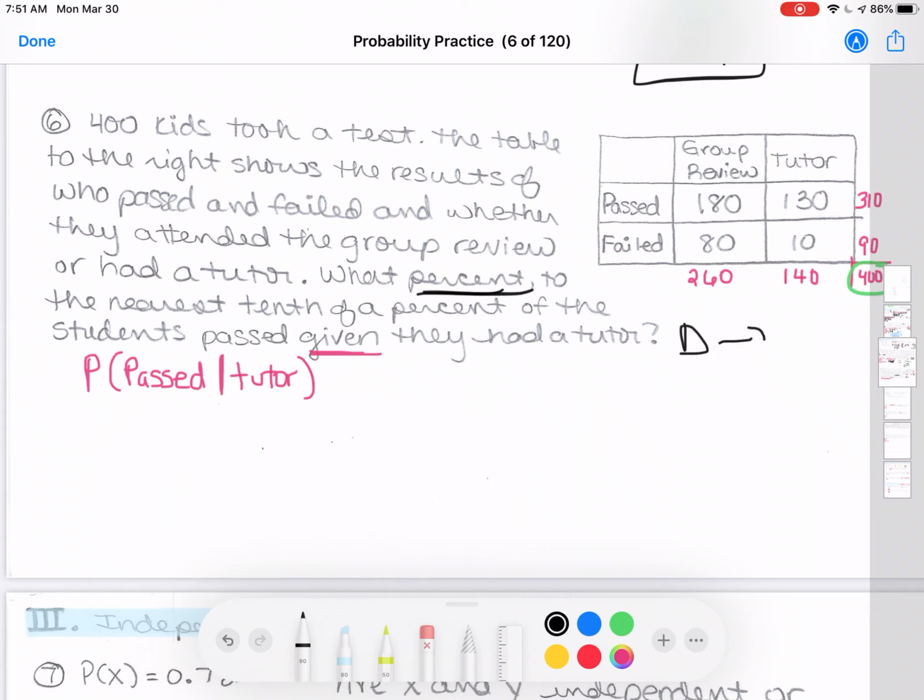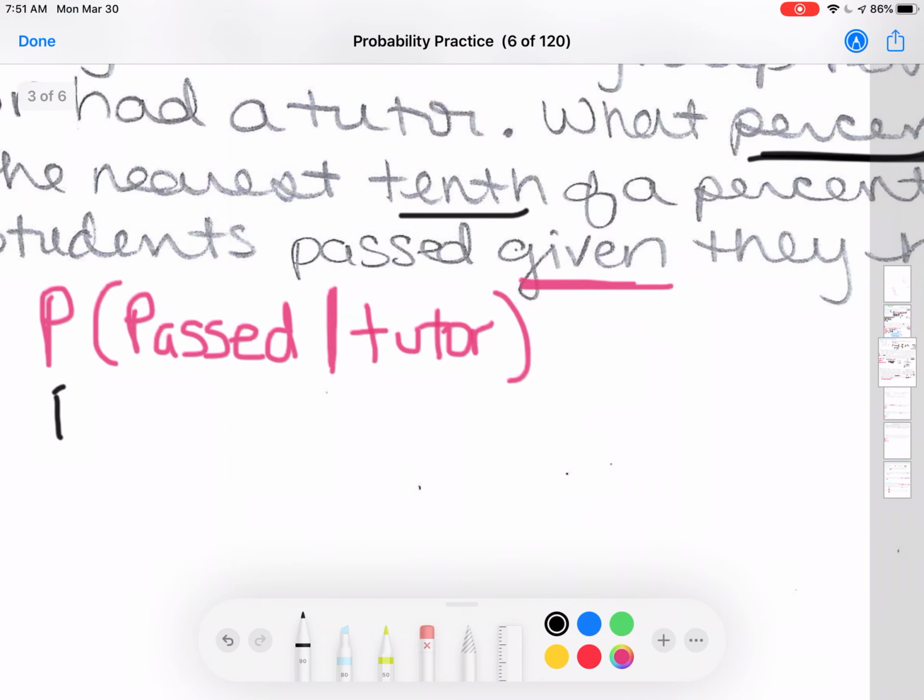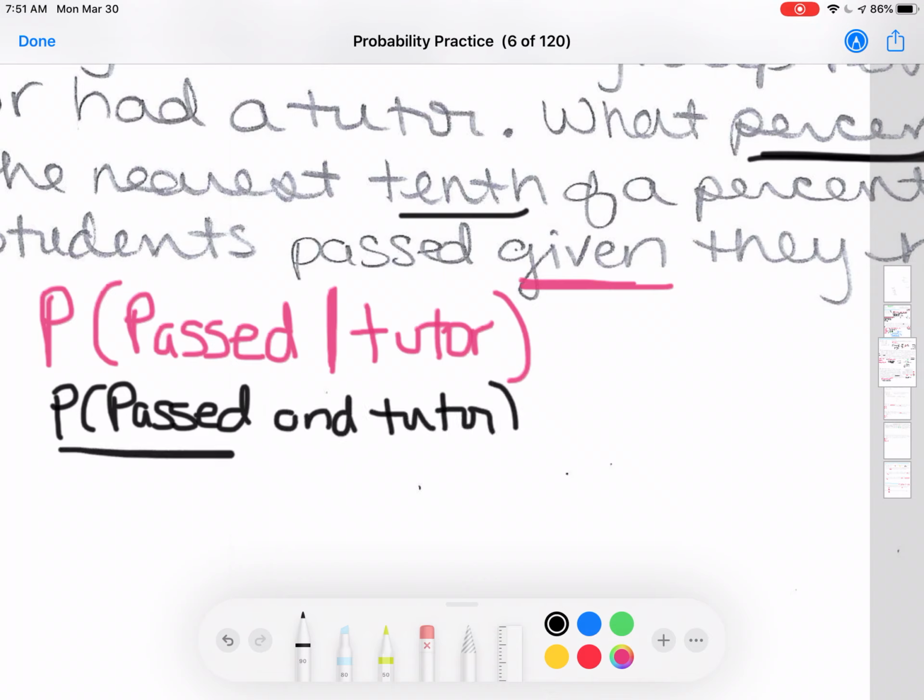So decimal to percent, to the nearest tenth of a percent of the students passed, given they had a tutor. So passed, given they had a tutor. So now we change it over again. Probability of passed and tutor divided by the probability always of the second one.